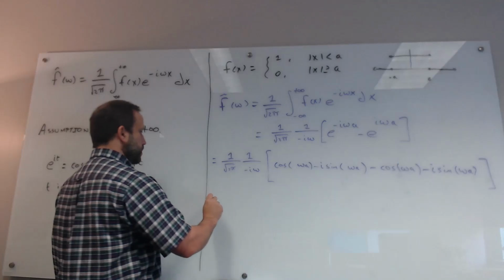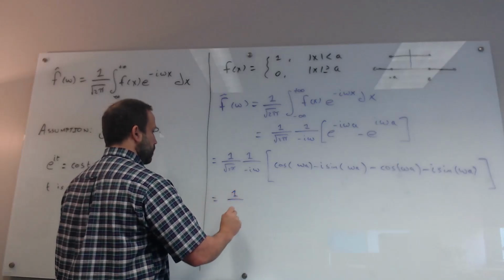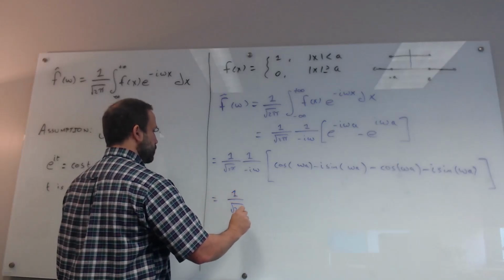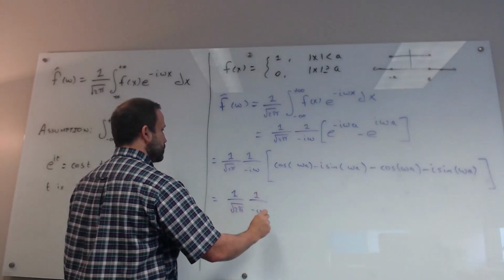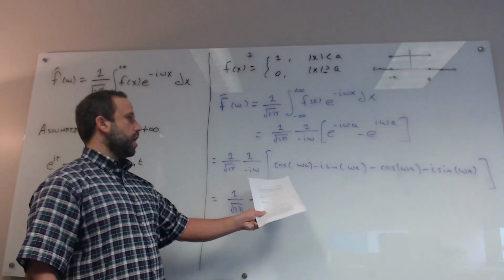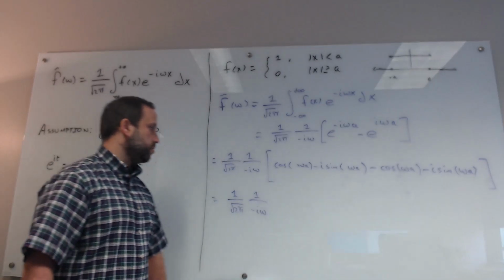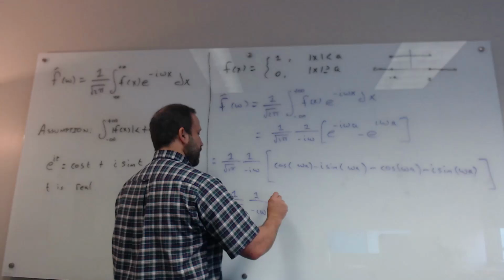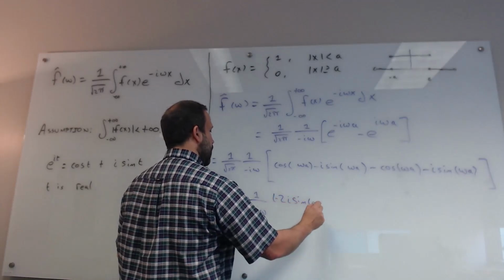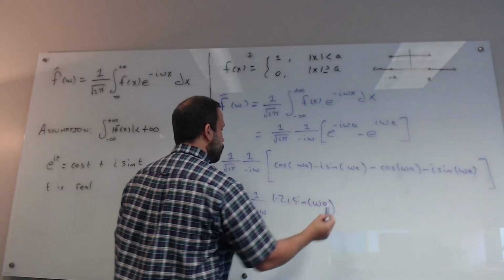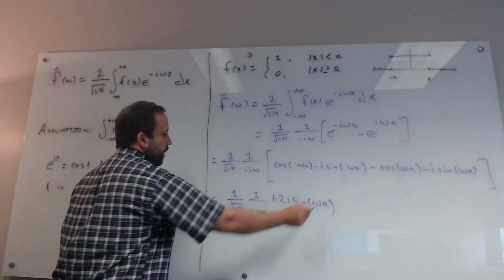And now we can see what's going to happen. We're going to have 1 over the square root of 2 pi times 1 over minus i omega. This cosine and that cosine are going to cancel with each other, and what we're going to be left with is minus 2i sine of omega a.